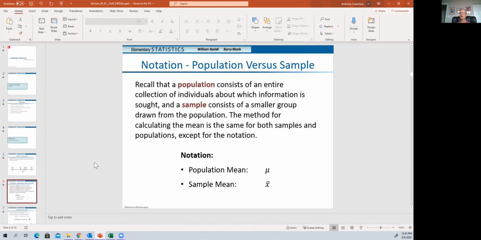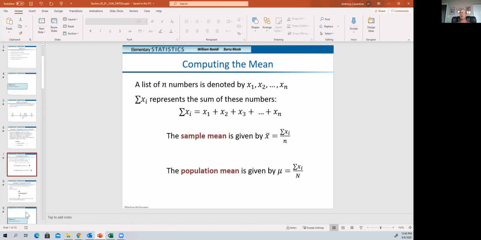And so the population mean is with this Greek letter mu, which is a weird looking U. And the sample mean is X with a bar over it. And the good news about mean, again, is average, is the calculation for both population and sample is exactly the same. You'll see that when we get to variance and talk about standard deviations, they are slightly different.